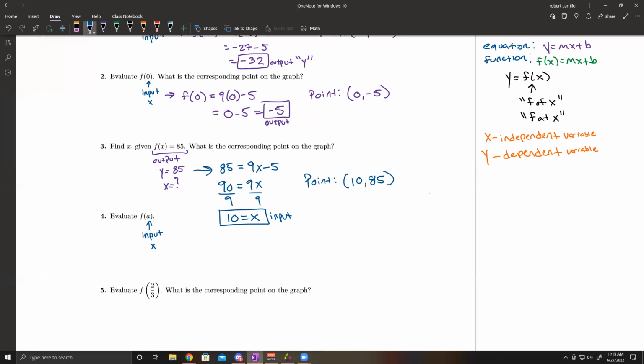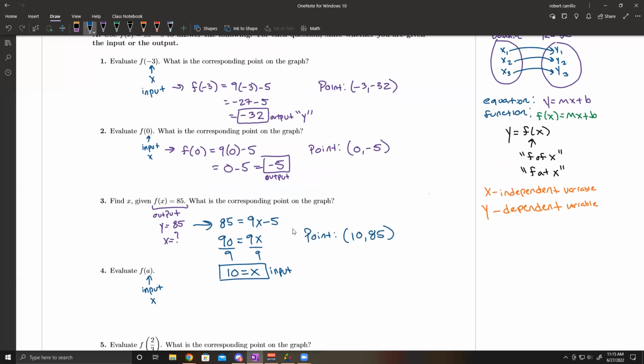So you're going to substitute a in for every x. It's no different than what we did for number 1 and 2. Number 1 and 2, we plugged in -3, or we plugged in 0 for every x. So number 4, we're going to plug in a for every x. It's the same concept.